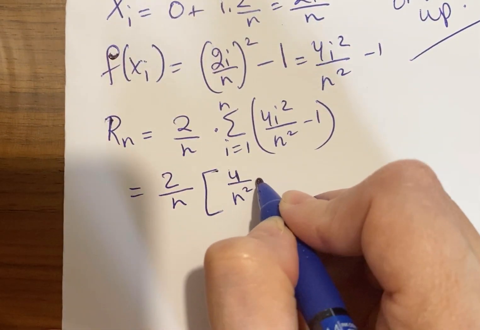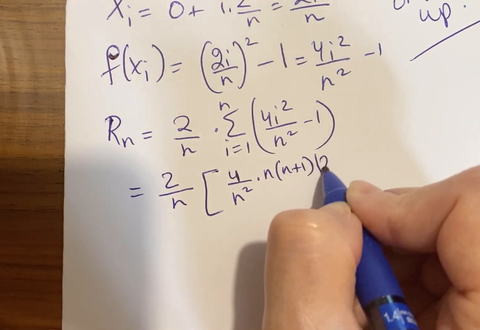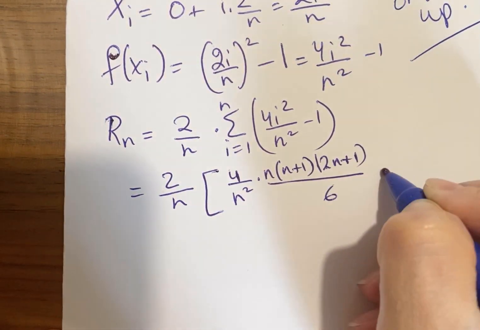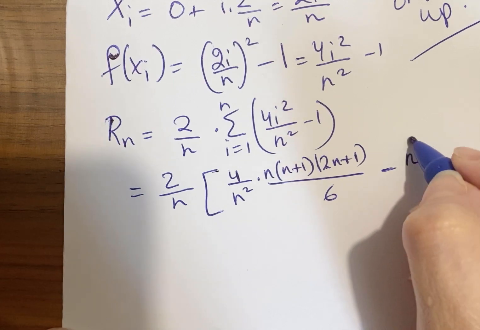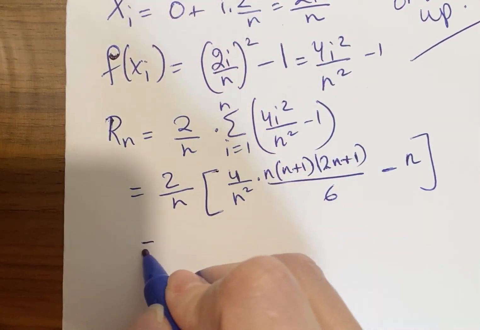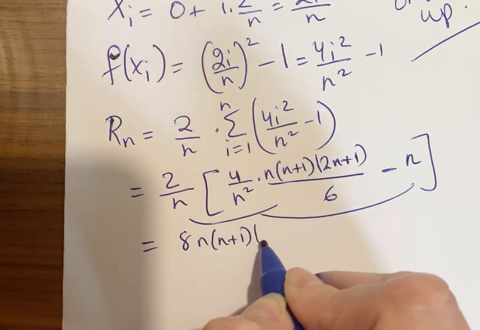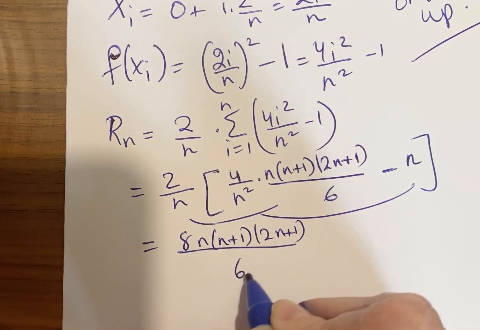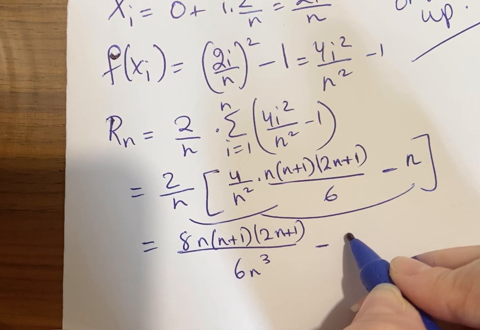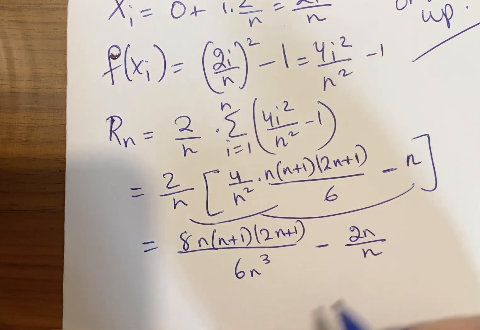4 over n squared, n plus 1, 2n plus 1 over 6, minus the summation of a constant, which is the constant times n. Then you distribute this, you get 8n, n plus 1, 2n plus 1 over 6n cubed, minus 2n over n.